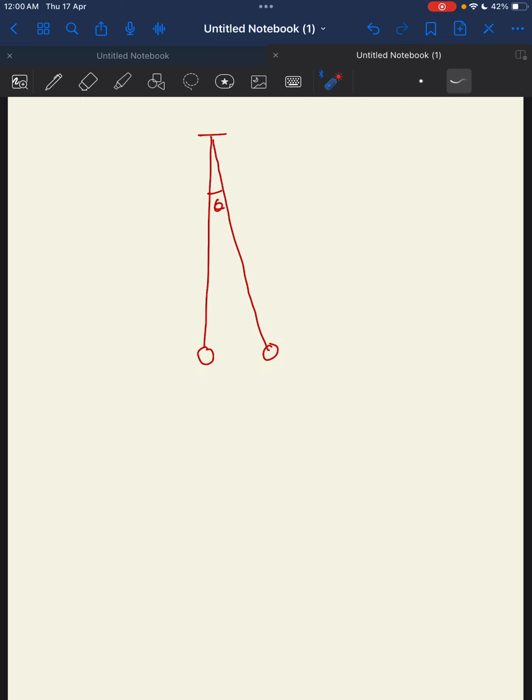In the simple pendulum, the length from the point of suspension to the point of oscillation is L. This length is the length of the string plus the radius of the bob.